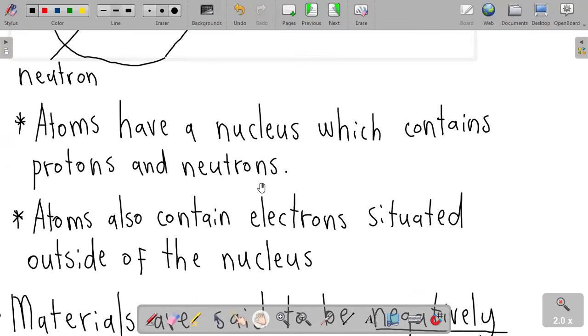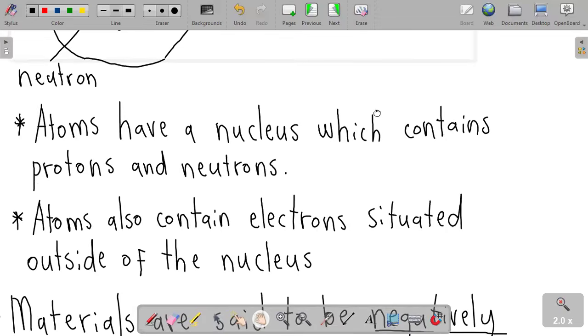This explains atoms have a nucleus which contains protons and neutrons. Not electrons, it's neutrons.